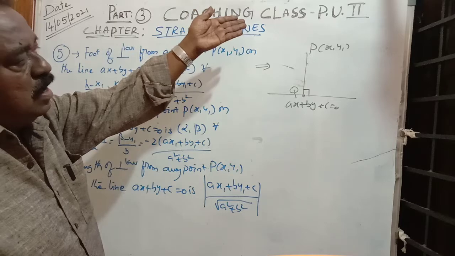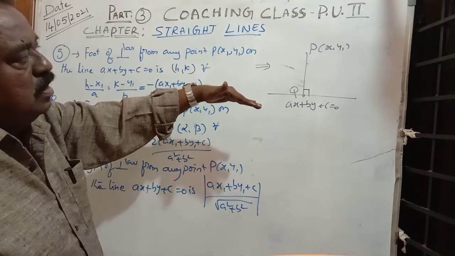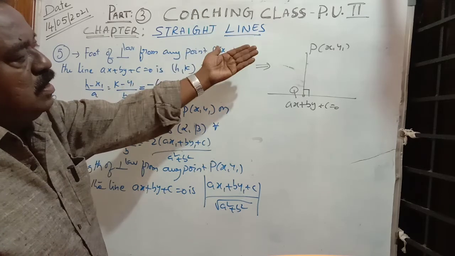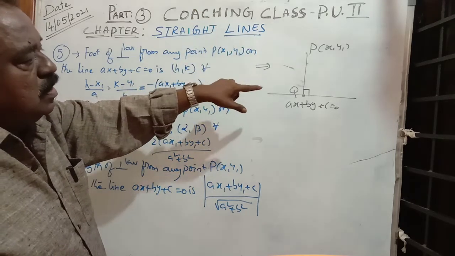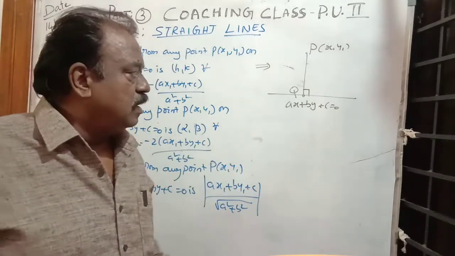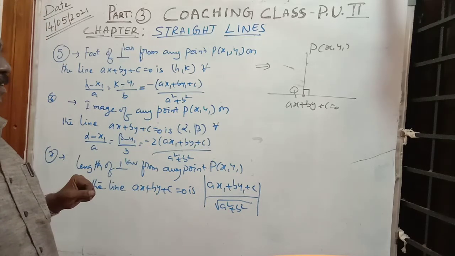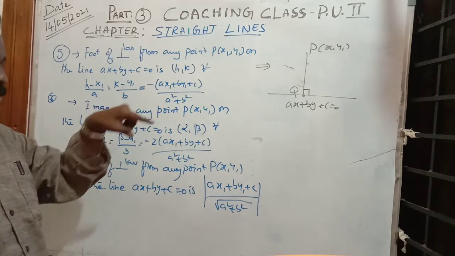P is any point outside, not on the line. From that point, if you draw a perpendicular, then the foot where that perpendicular meets the given line ax plus by plus c, the coordinates of that point Q are asked.